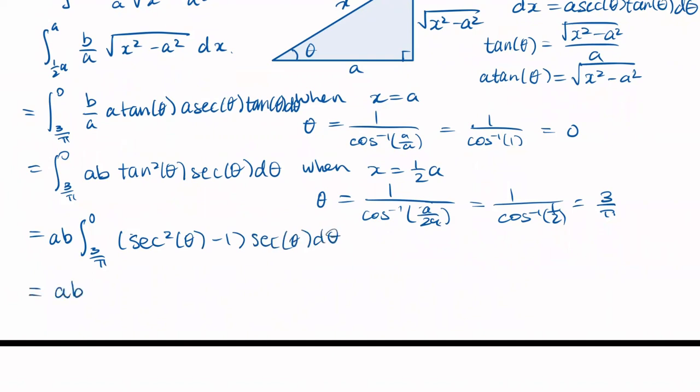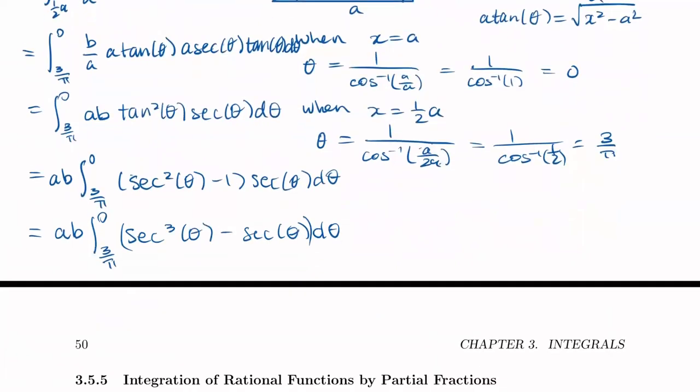That's ab integral from 0 to pi divided by 3. So that's secant cubed theta minus secant theta d theta. Well, the integrals here we have already computed before.